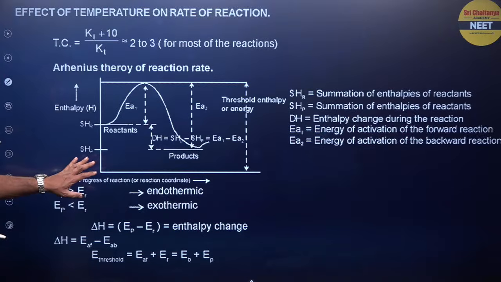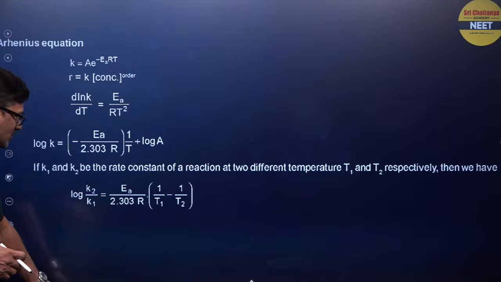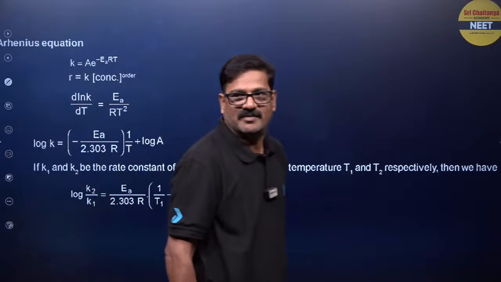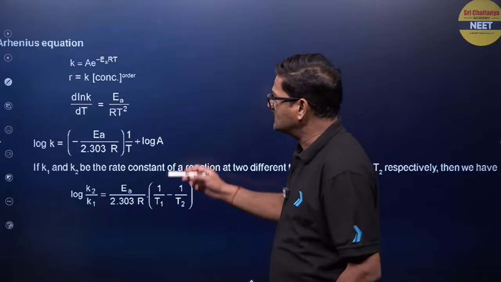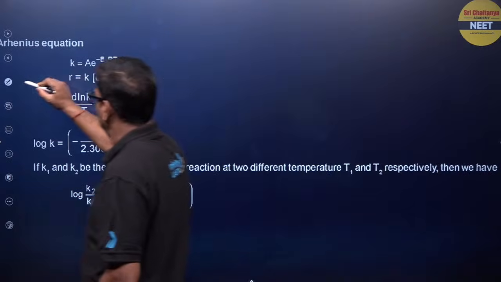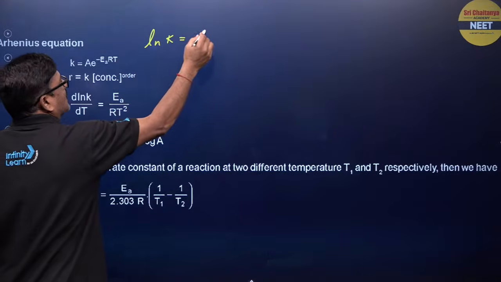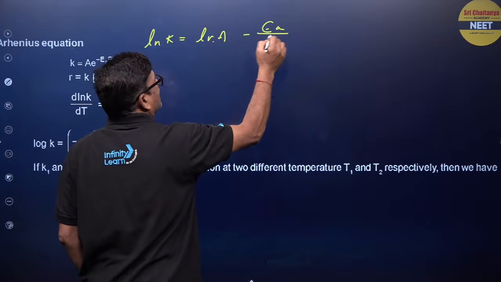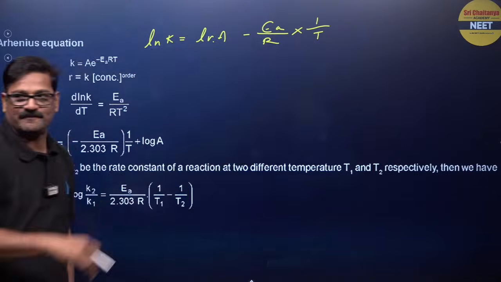And if you see the Arrhenius equation here, the Arrhenius activation energy आप कर सकते हैं. Arrhenius equation here, you just see k is equal to A e to the power minus Ea by RT. Okay, so I mean to say you can say ln k, बच्चों, ln k is equal to ln A minus Ea by R into 1 by T, y is equal to mx plus c.